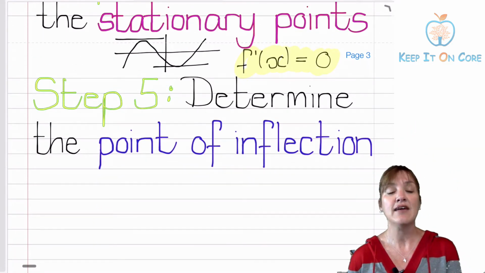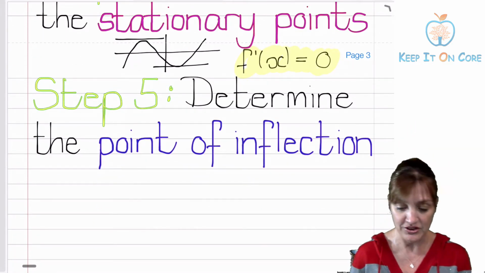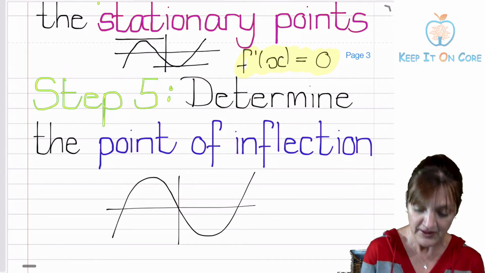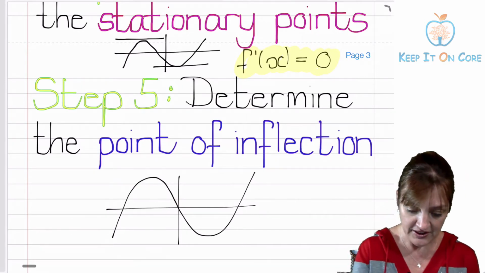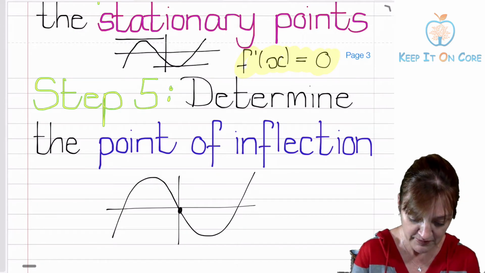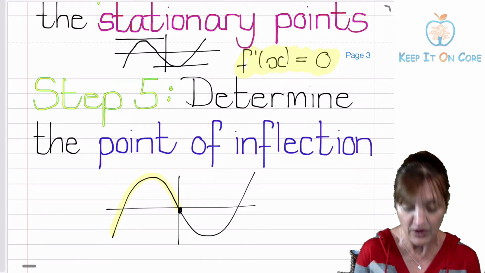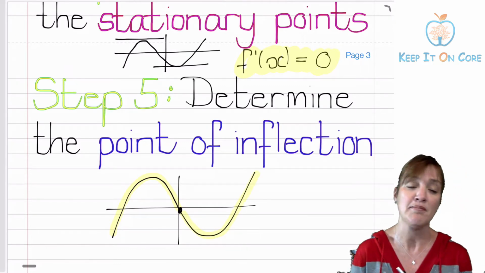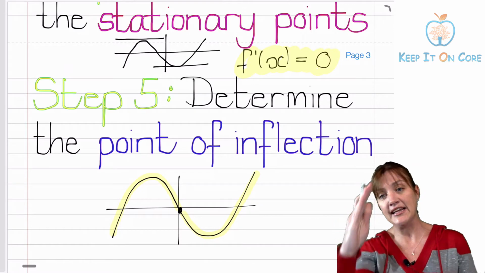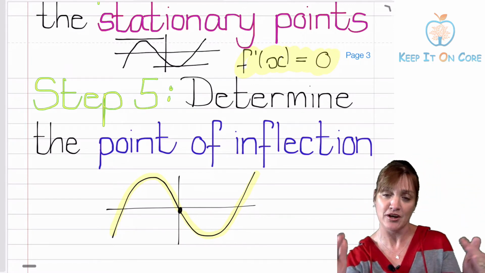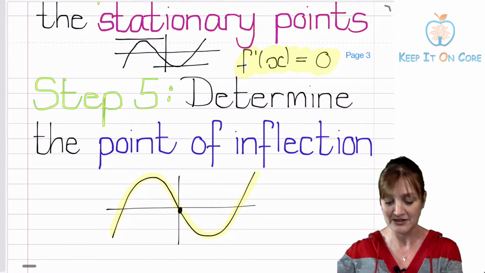And lastly, we have the point of inflection. If I draw a quick cubic graph, your point of inflection is the point where your graph goes from being concave down to becoming concave up. It's that change in the shape of the function from a negatively shaped graph to suddenly becoming positively shaped.